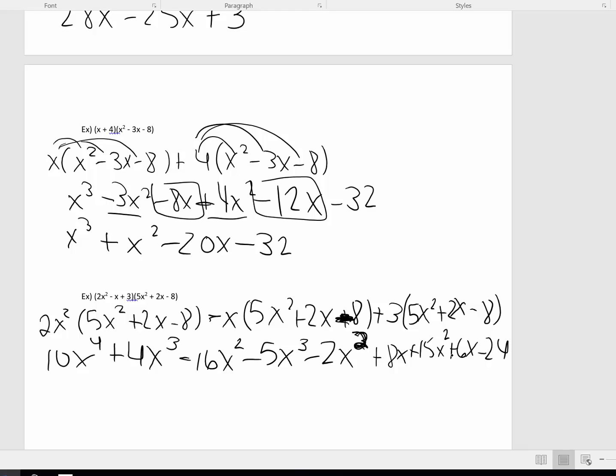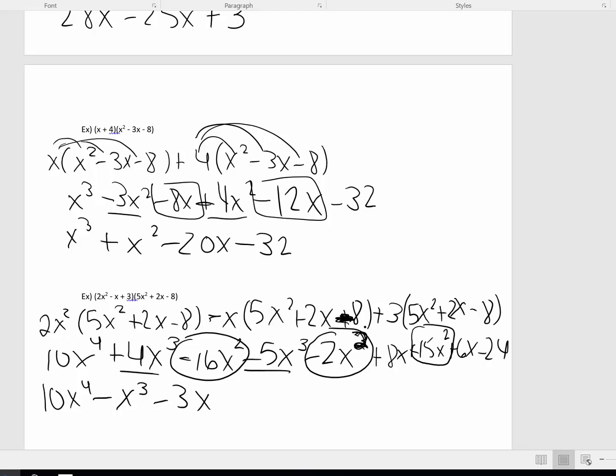Okay, so now that I've multiplied, now we combine like terms. And bring down the minus 24.